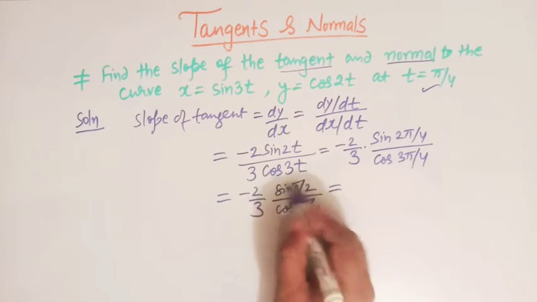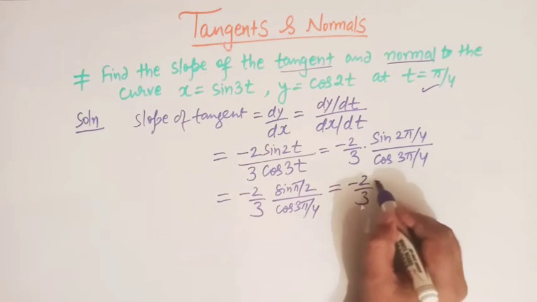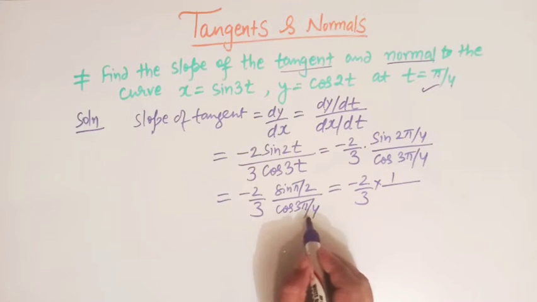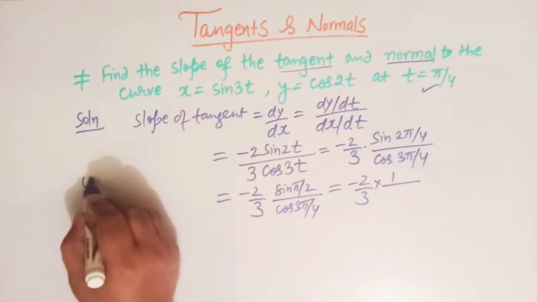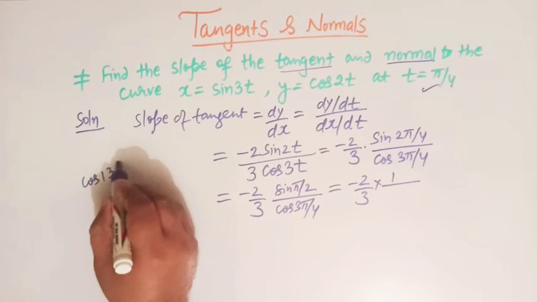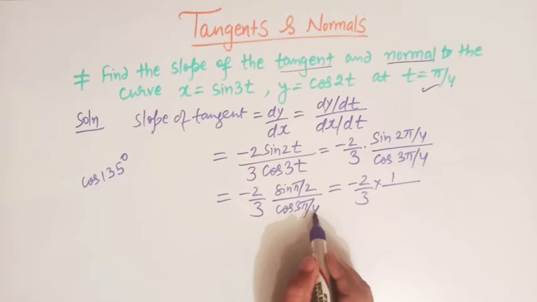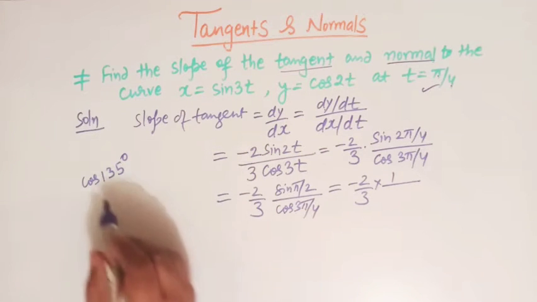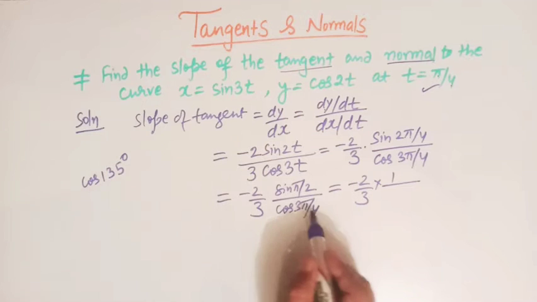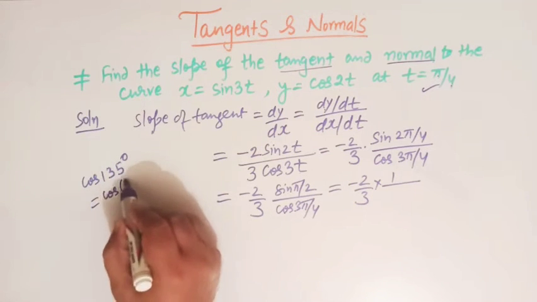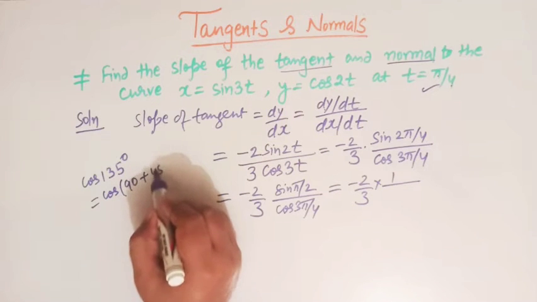Now sin pi by 2 is 1, and cos 3 pi by 4 is 135 degrees, right? Cos 3 pi by 4, it is cos 135 degrees, which can be written as cos 90 plus 45.